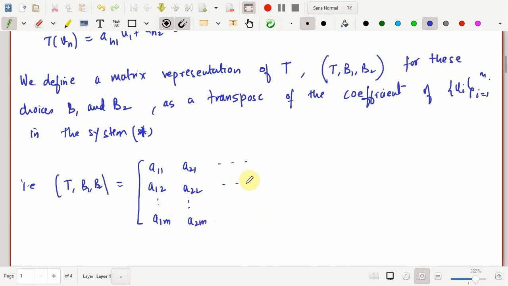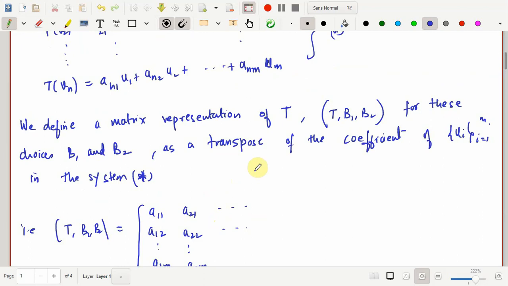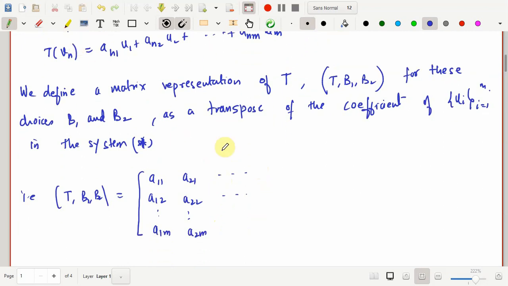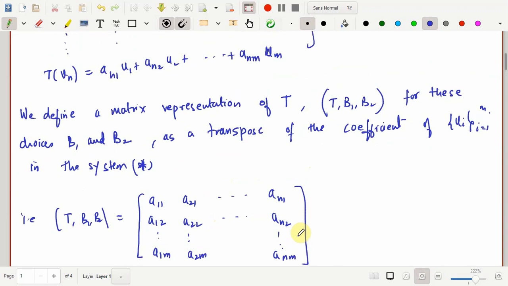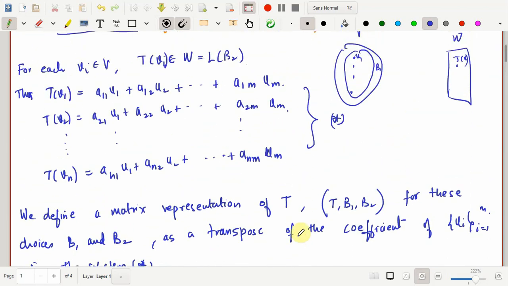And so this goes on. The last column will be given by this equation: an1, an2, and this goes on till anm. Now in this particular system you have n equations, and m scalars, m unknowns in each of these equations, right?